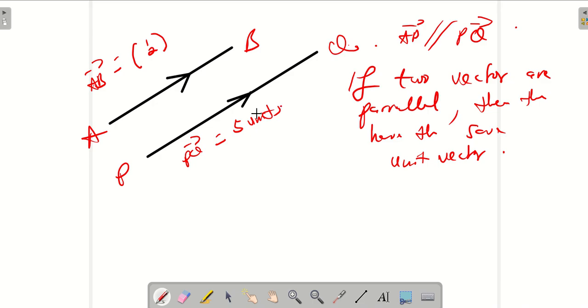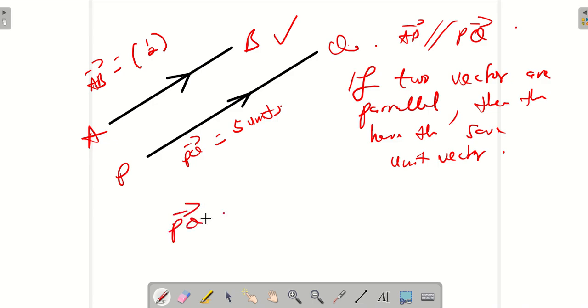What is happening here? I have given you the magnitude of PQ, is that right? But I have not given you the vector itself. But I have rather given you vector AB, where AB is parallel to what? PQ. Then I'll ask you to find the vector PQ.